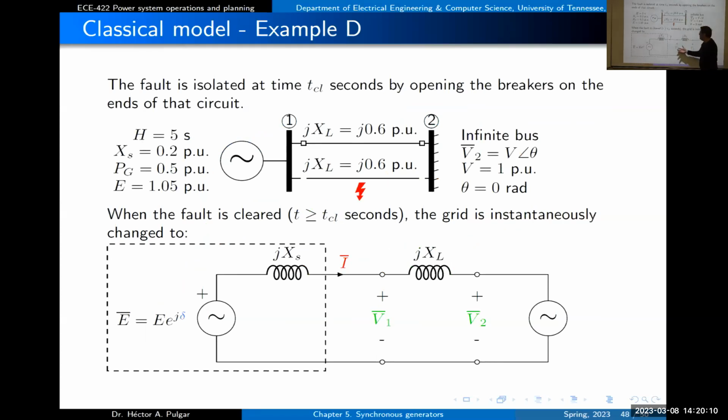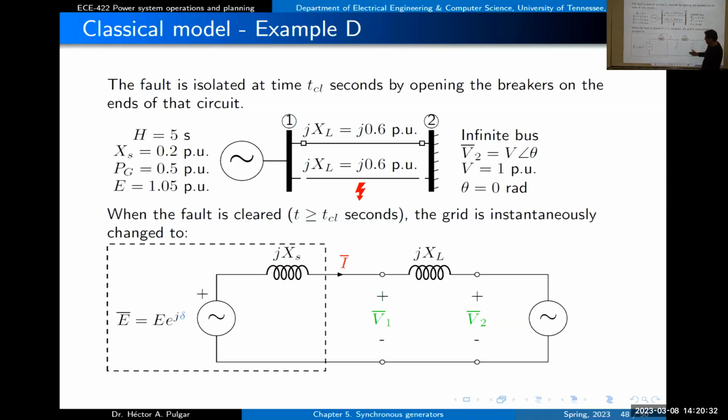So in that case, what is going to be the electrical power? Well, we don't have to do much here. We remember what was the electrical power before the fault. All that we need to do is to get the magnitude of E, magnitude of this source, divided by the total reactance, which is XS plus XL, sine of delta.